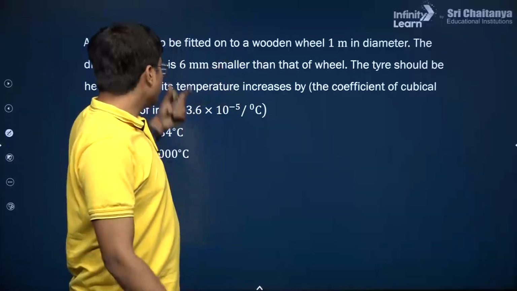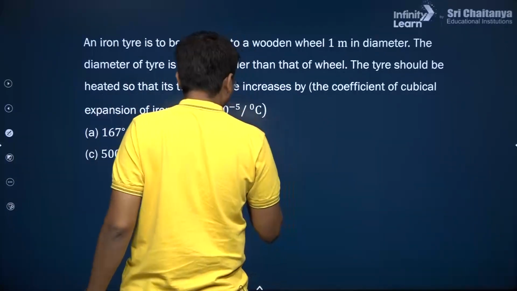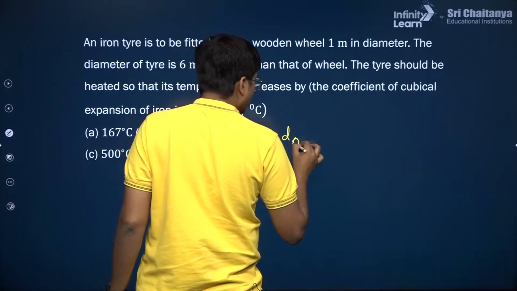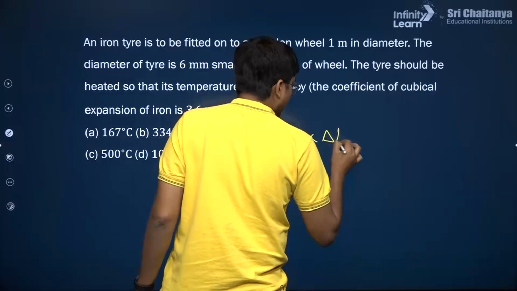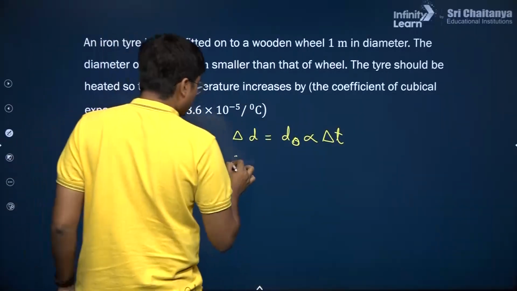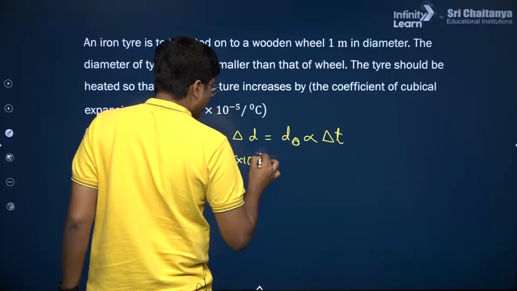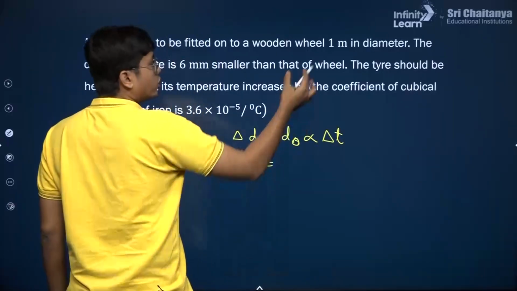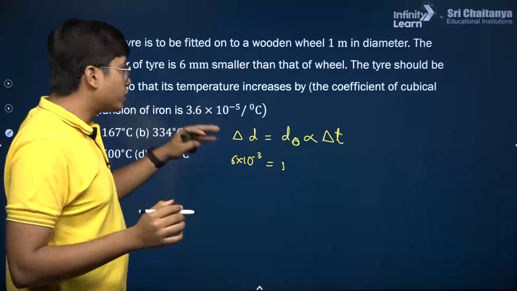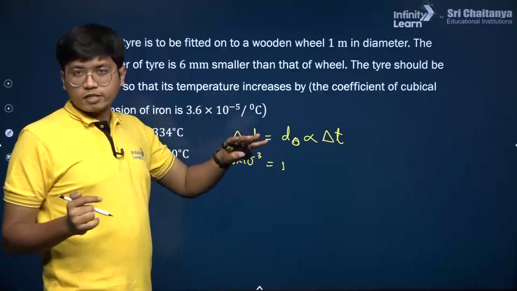So delta D, we know the relation, it's delta D is equal to D naught into alpha delta T. Now delta D is the increase in length, which is 6 millimeters, so 6 into 10 to the power minus 3. D naught is the original length, that is 1 meter. Alpha is the coefficient of linear expansion.